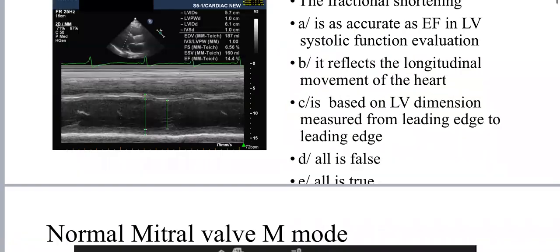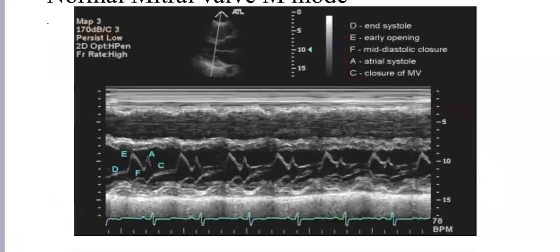Now this is the M mode of the mitral valve, the normal M mode of mitral valve, and this is how it looks.